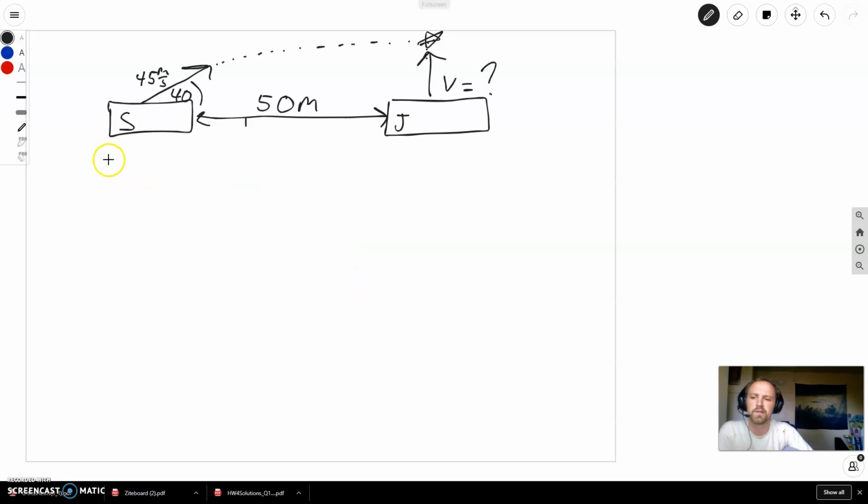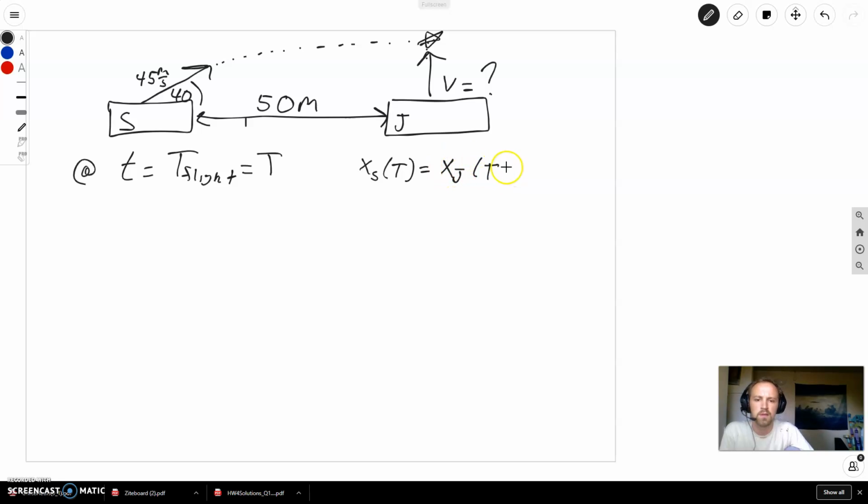So the critical piece is that at some special time, which I'll call T flight, the flight time, I'll just call it T from here on out, John's position evaluated at that time equals Steve's position evaluated at that time.